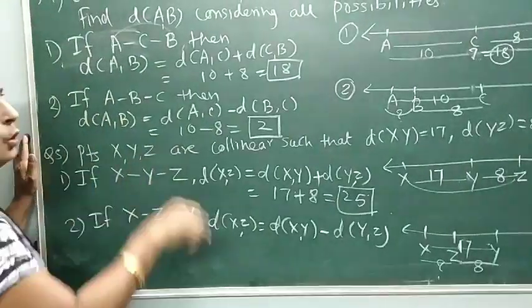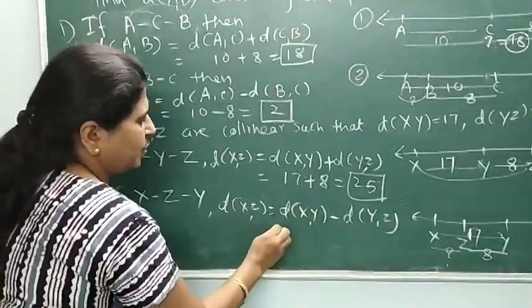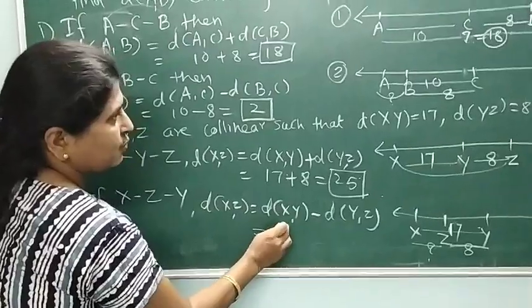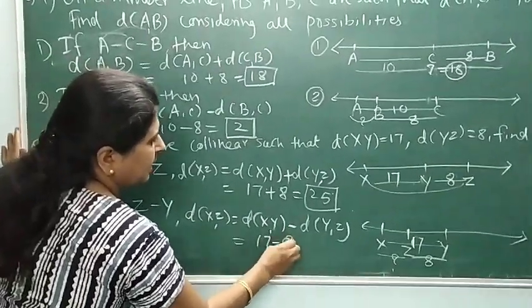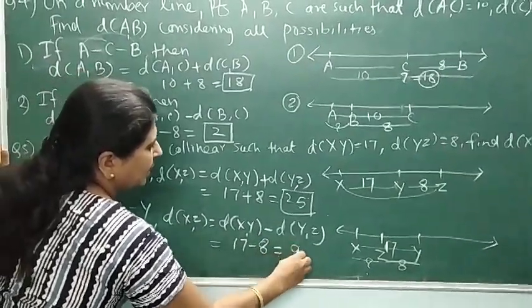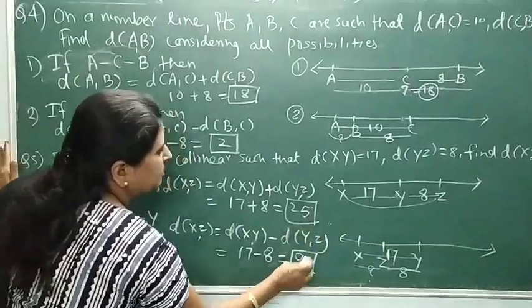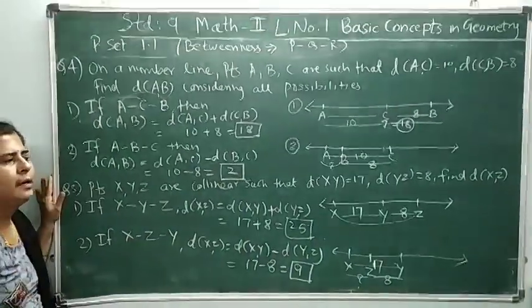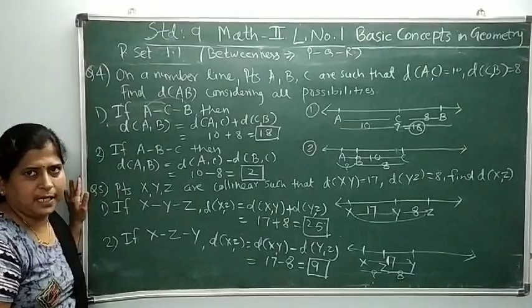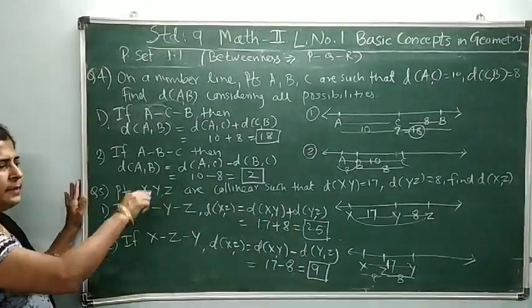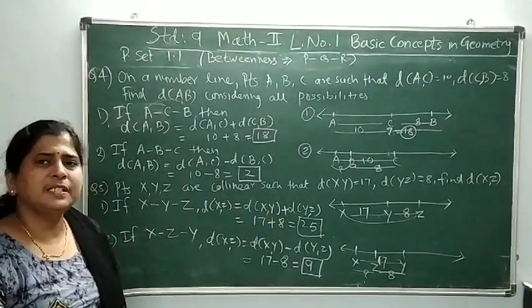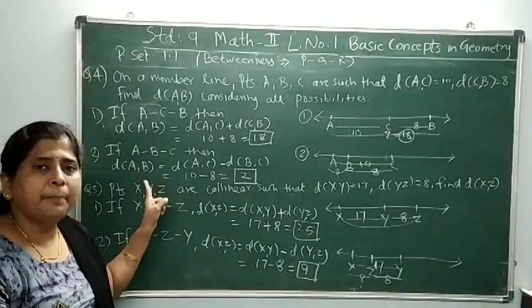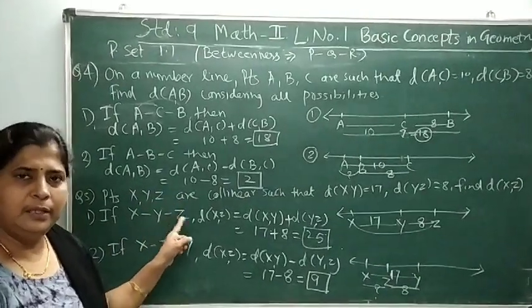Whenever it is length, no need of putting commas in between these two letters. So this is xy, 17 minus 8. Subtraction is going to be 9. So these are the possible distances between x and z. So both these conditions or possibilities we have to consider when the exact betweenness is not given in the question.